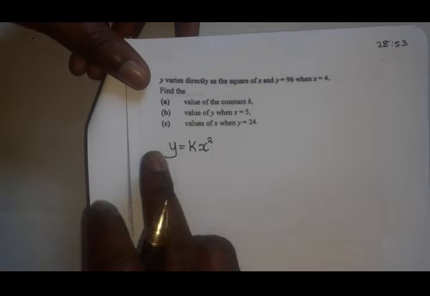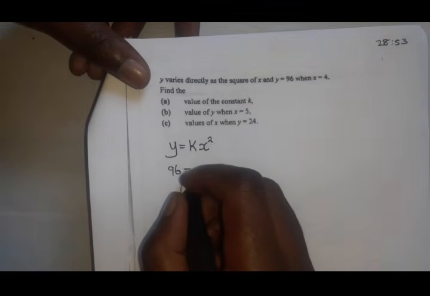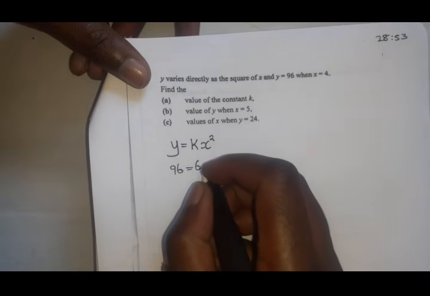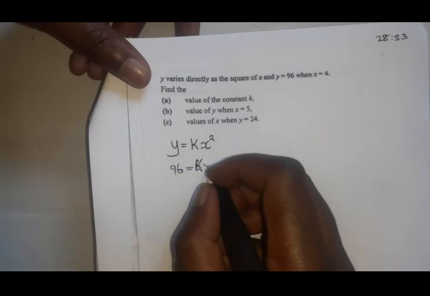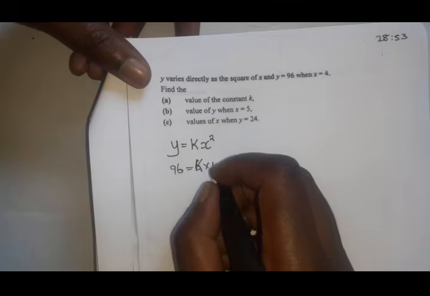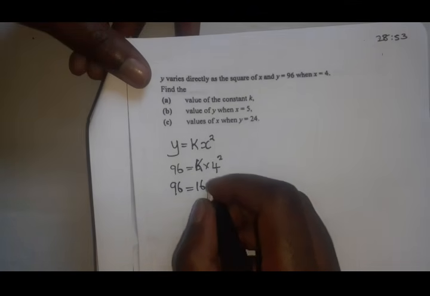We need to find the value of k when y is equal to 96 and x is equal to 4, so k multiplied by 4 squared. So 96 is equal to 16k.